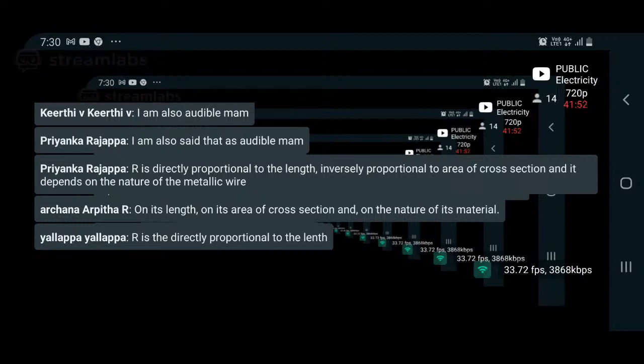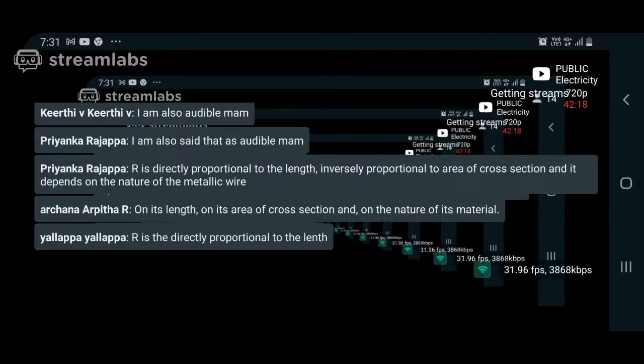Hence it is used in electrical transmission lines. So these two questions will be asked in your board exam. Tungsten is used in the bulb because it shows high resistivity and high melting point. Copper is used for electrical transmission lines because it shows less resistivity and high conductivity of current. Hence it is used in electrical transmission lines.